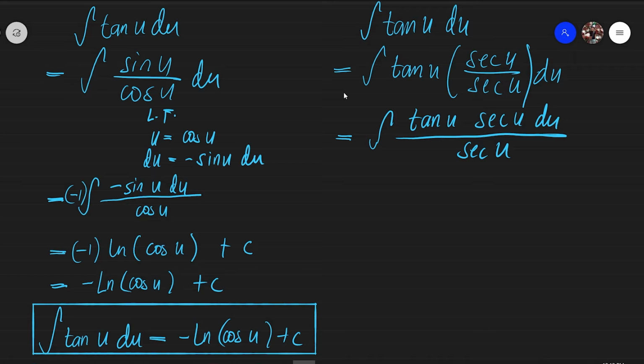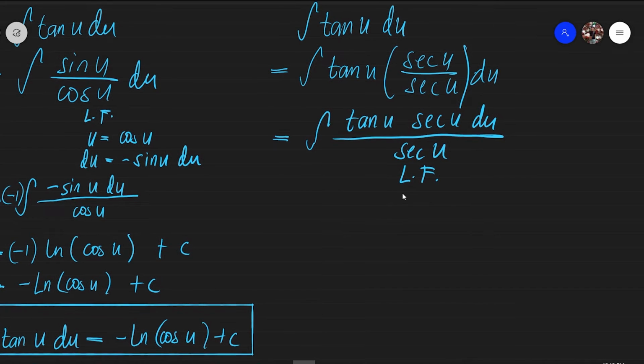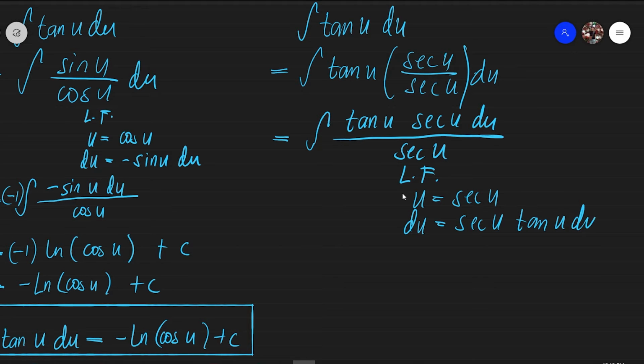Now, you can also apply the logarithmic function formula here. Let me show it to you again. You will use the logarithmic function formula. So from this one, your u will be your secant u, and your du will be, the derivative of secant u is secant u tangent u du.